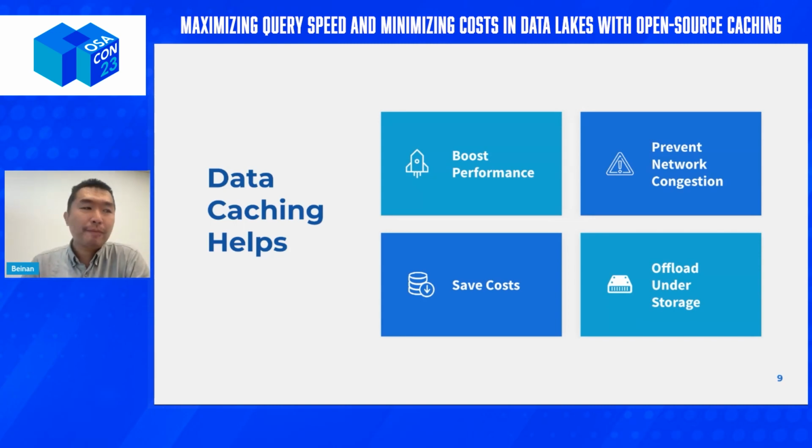And also, not just performance and cost, we are seeing that using the cache can save a lot of trouble with the network. Because if you set up a network connection between your on-premise data center and a cloud, the bandwidth will be very limited.